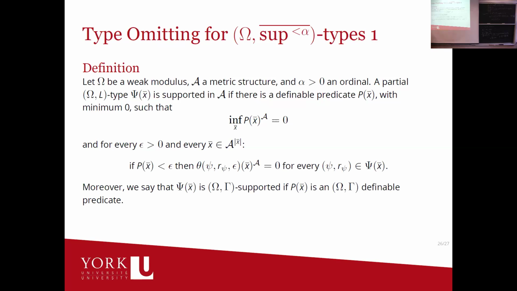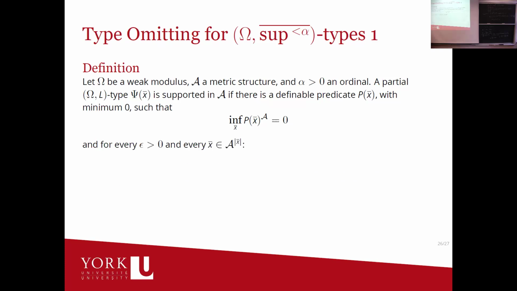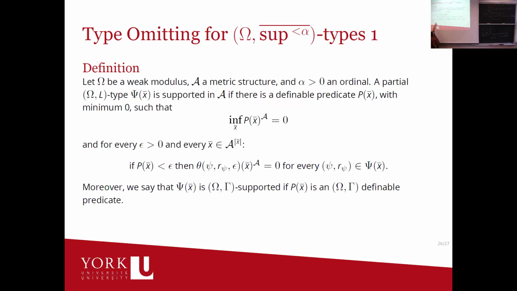So let me remind you what this formula says. This formula says that there is approximately a realization of there is no more than S away something that according to this formula agrees with P. So if we go back here, you're saying if this predicate is less than epsilon for any formula in my type, no more than S away, you can find somebody who agrees on that formula with what P says.